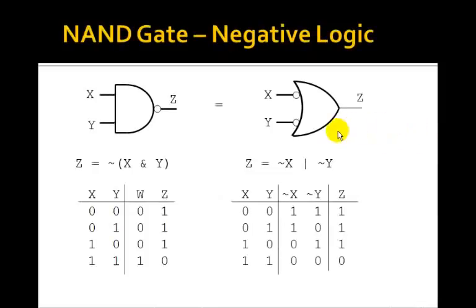Now, let's go back and take a look at these 2 representations of the NAND gate. This bubble means that this is like an inverter. We sometimes say this is active low. Now up to this point we've thought of 1s as being true and 0s as being false.